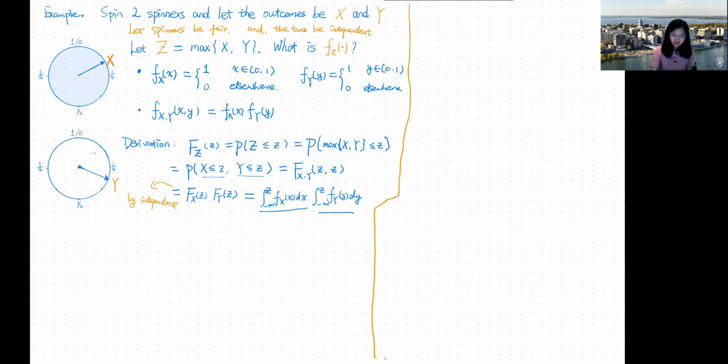The integral from minus infinity to z of f_X dx equals 0 if z is less than or equal to 0. And we also know it's 1 if little z is greater than or equal to 1.